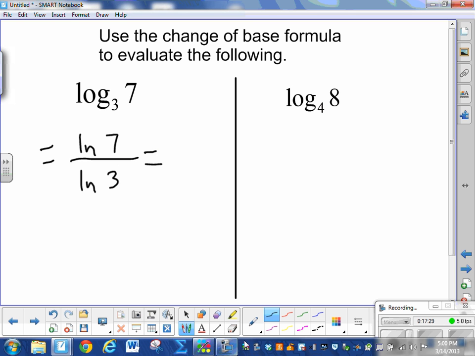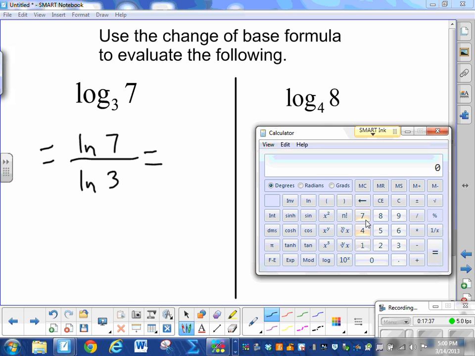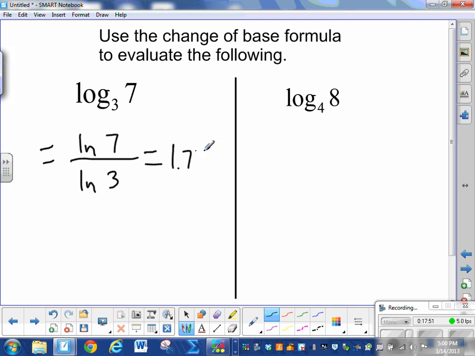To plug it in your calculator, 7 ln divided by 3 ln is equal to 1.771. That's approximate, and there you go.